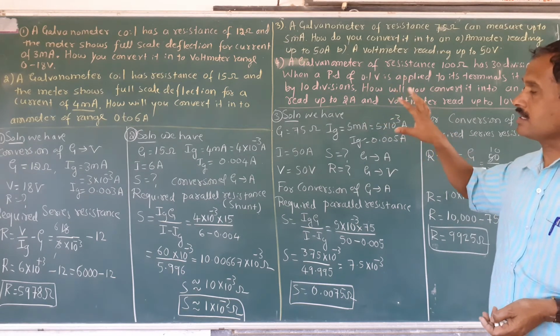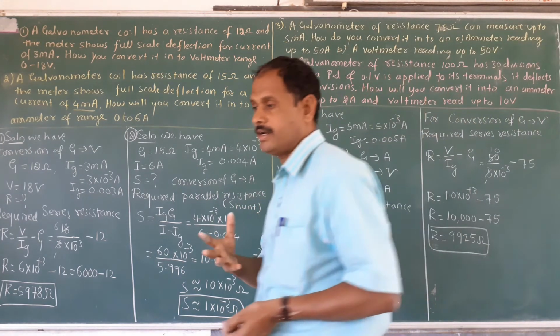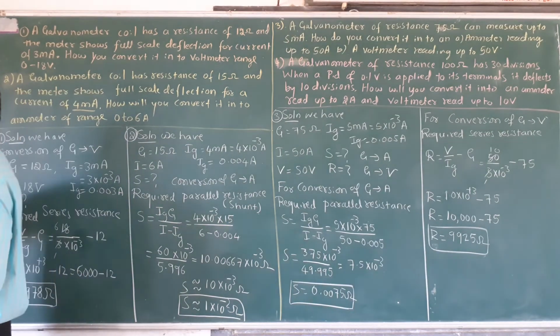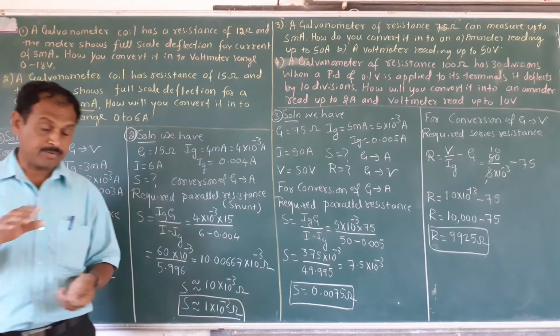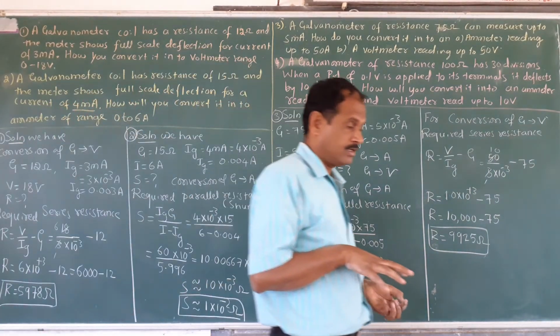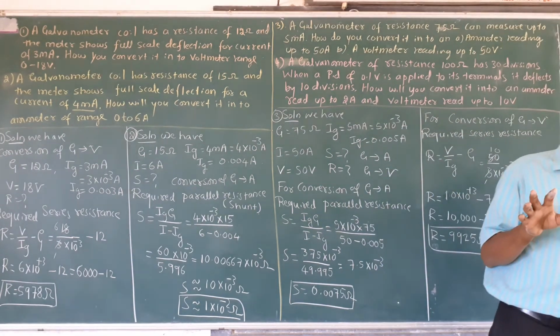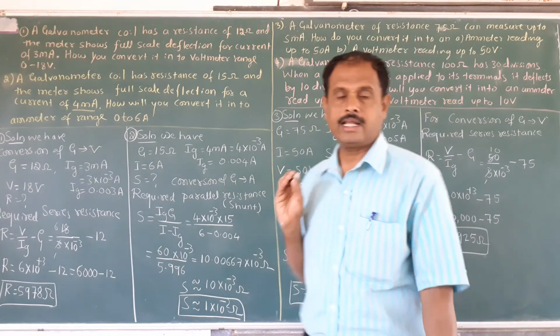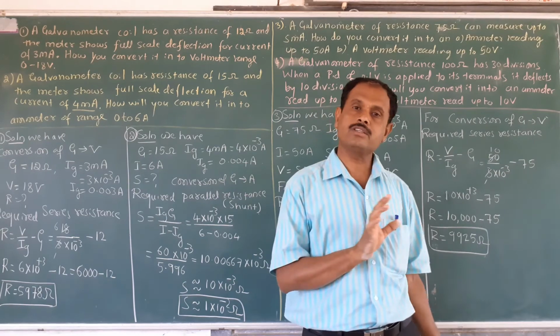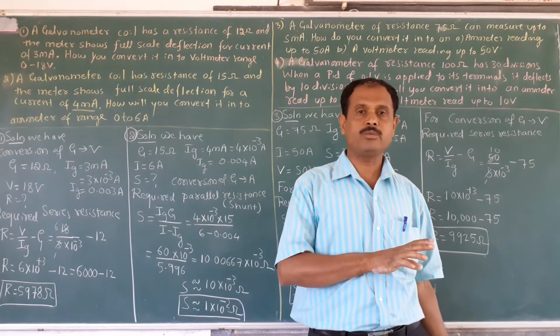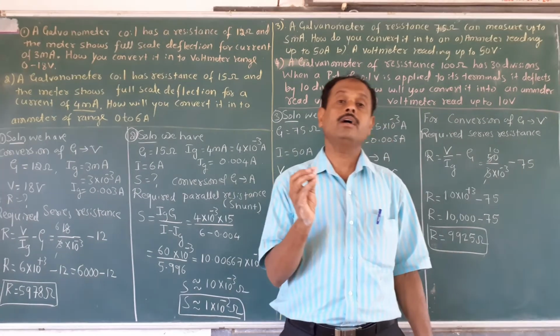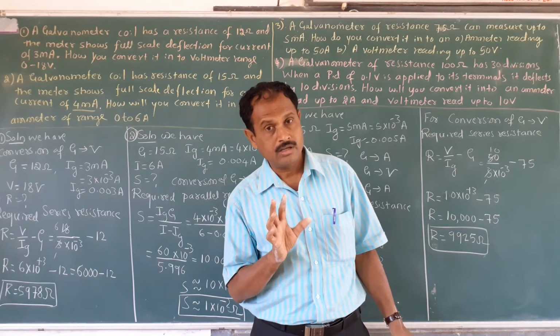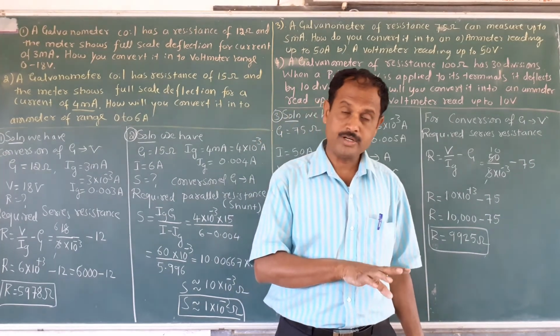Because the question asks, how do you convert? It means you have to calculate that much resistance, either series resistance or parallel resistance. You calculate the parallel resistance or shunt resistance for the conversion of galvanometer to ammeter, and you calculate the high resistance for the conversion of galvanometer to voltmeter.